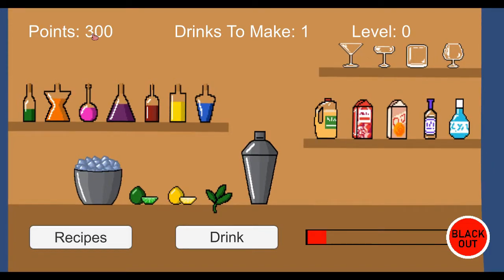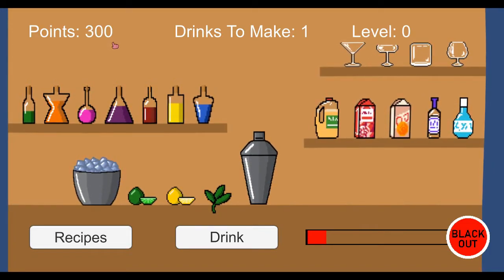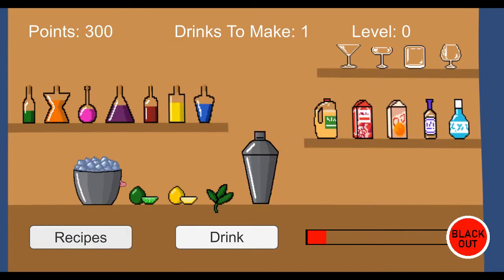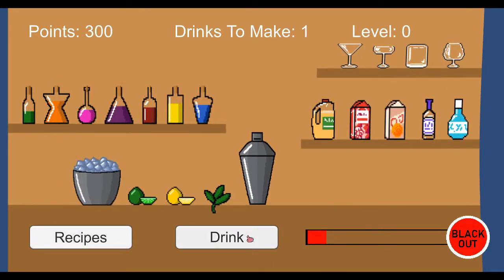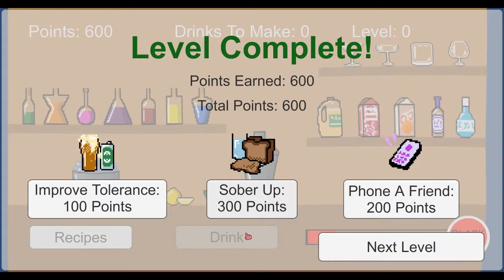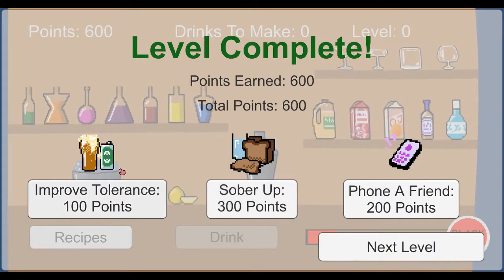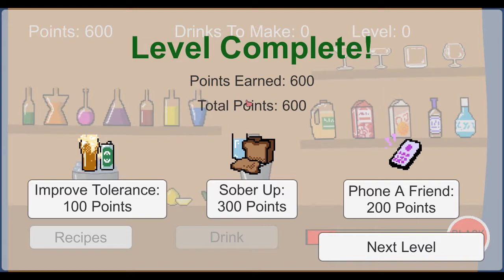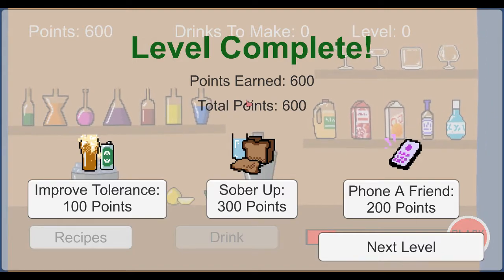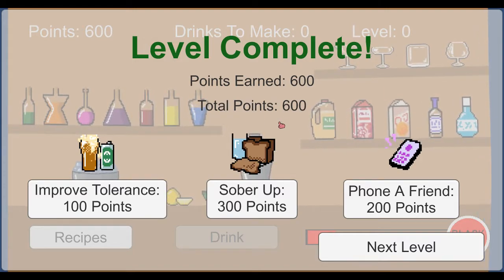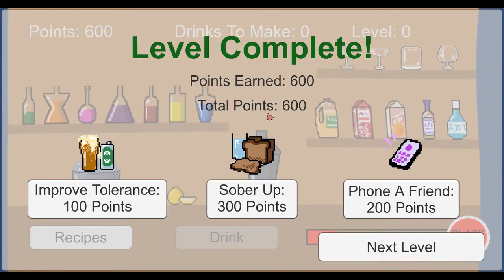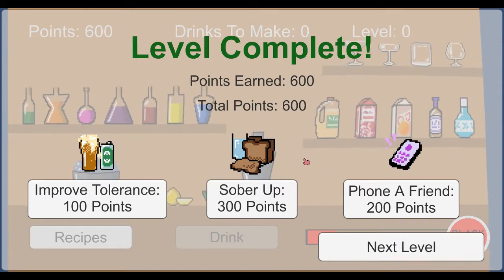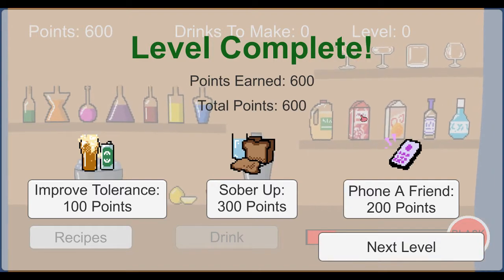If I have 150 points, I shouldn't be able to spend 300 points. But it's coming from your total points, so I think it's reasonable to assume they've decided the points earned is just how much you've added to it in this level, and you spend from your total point balance to get your power-ups. Okay, perhaps. In which case, it's a game with a reasonable amount of complexity and very few bugs.